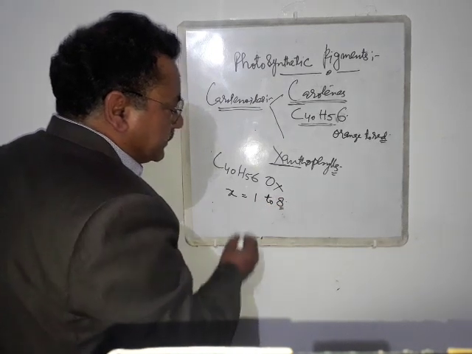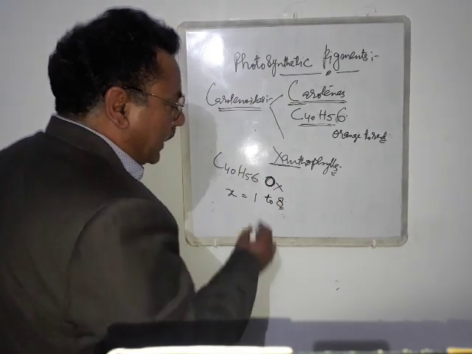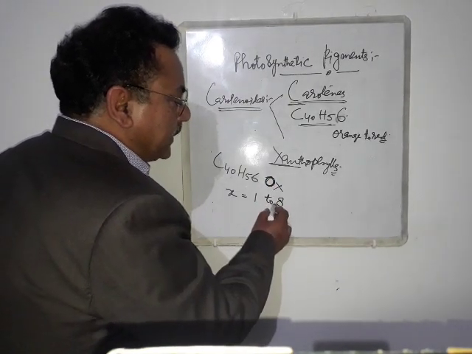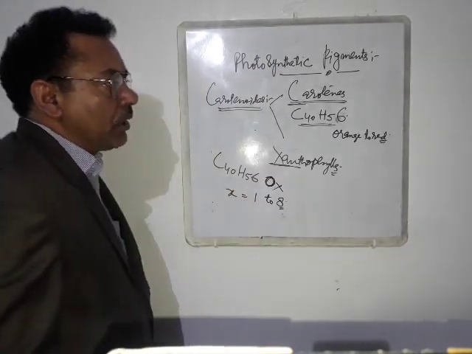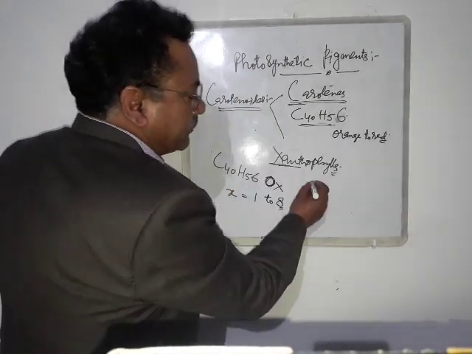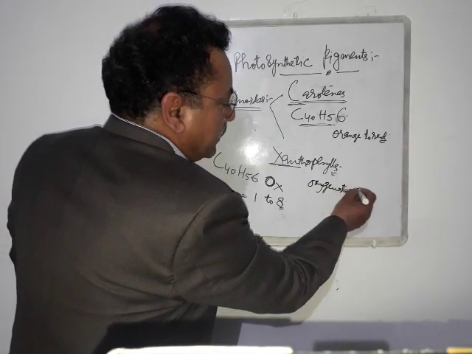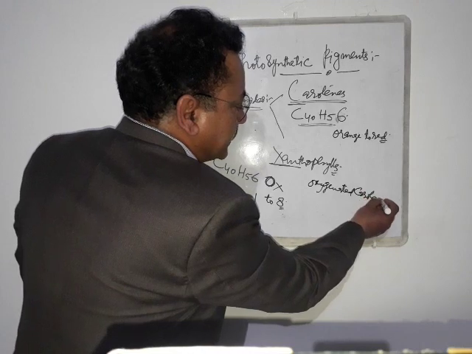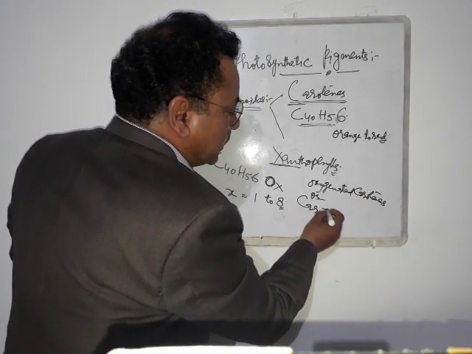That is, oxygen atoms can be either 1 or any number up to 8. So these xanthophylls are oxygenated carotenes, or these are also called as carotenols.